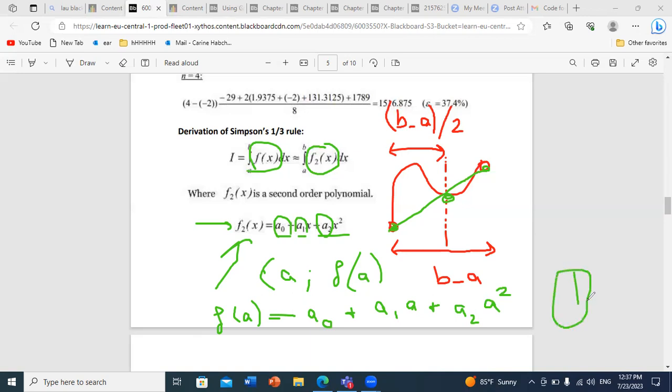The second equation we can write is by asking what the coordinates of the second point are. The second point is at the middle of the segment, so it has as coordinates a plus b over 2 and f of a plus b over 2.